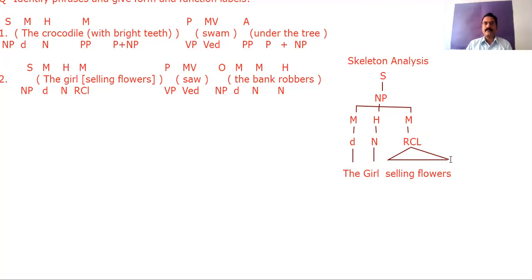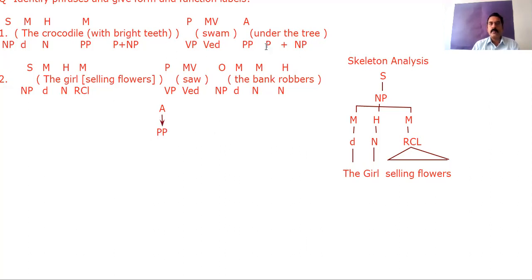Let us try one more phrase with skeleton analysis. Let us take the phrase under the tree, right? So this phrase we will take for analysis. The function of this phrase is adverbial. Form label is PP, right?